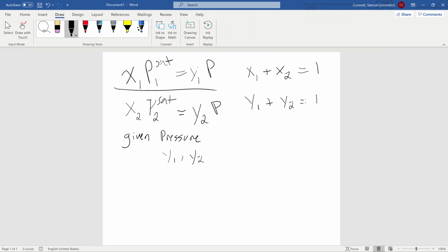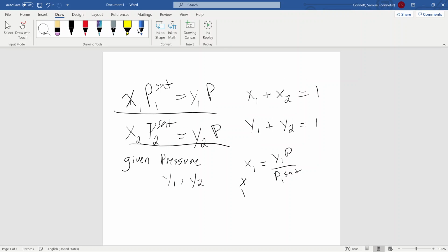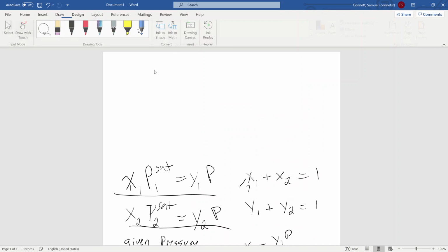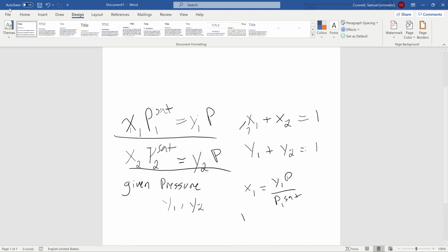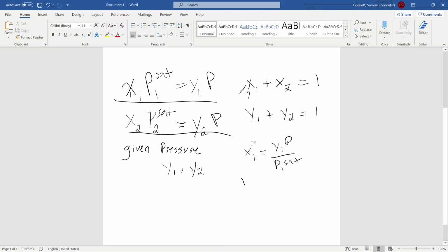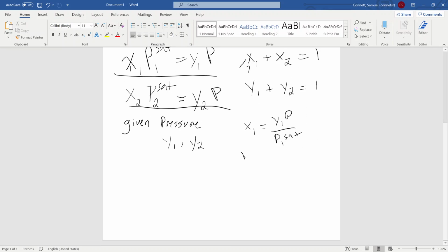So we'd rearrange our Raoult's law equations: x1 is going to equal y1 P over P1 saturation, and then x2 is going to equal y2 times pressure over the saturation pressure of component 2.